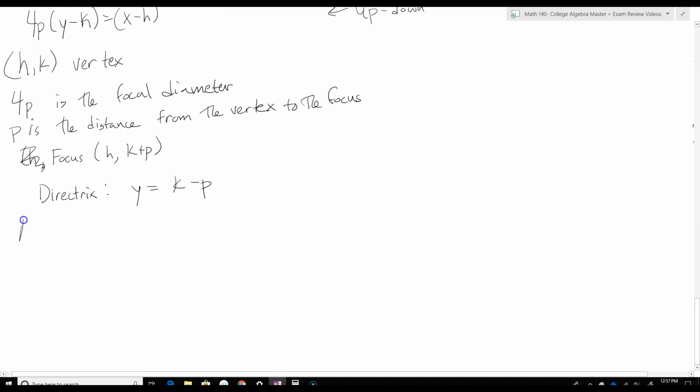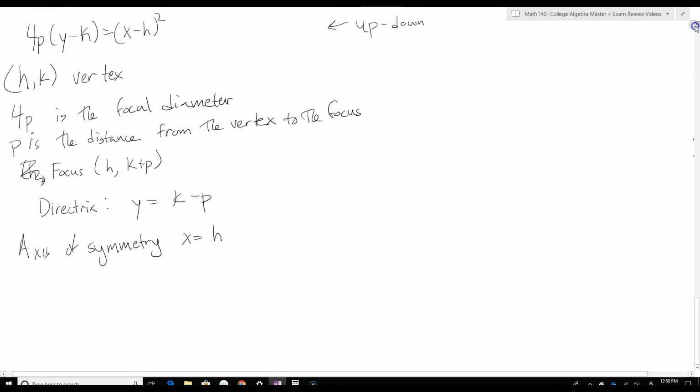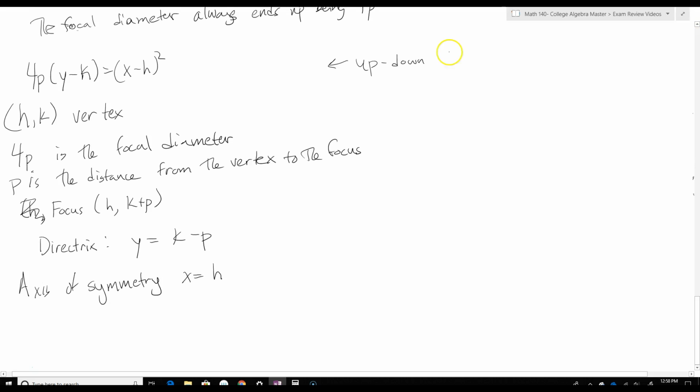So axis of symmetry will be x equals h. Okay? Let's actually take a look at the right left one, and then we can do those and just give our equivalents here.